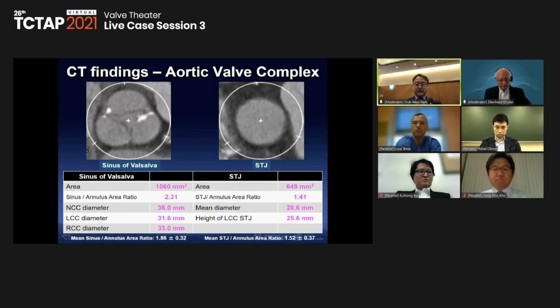The mean value is 1.86. So this patient's sinus of Valsalva is relatively larger than the average, and in the sinotubular junction as well, the STJ to annulus area ratio is 1.41, a relatively smaller STJ. This means that this patient has a very low risk for coronary obstruction.